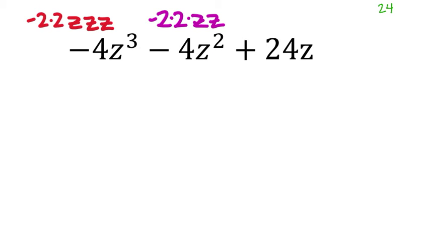I'm going to go with 3 times 8, and then 8 would be 2 times 4, and then 4 is 2 times 2, okay? There we go. So 24 is 3 times 2 times 2 times 2 times z.